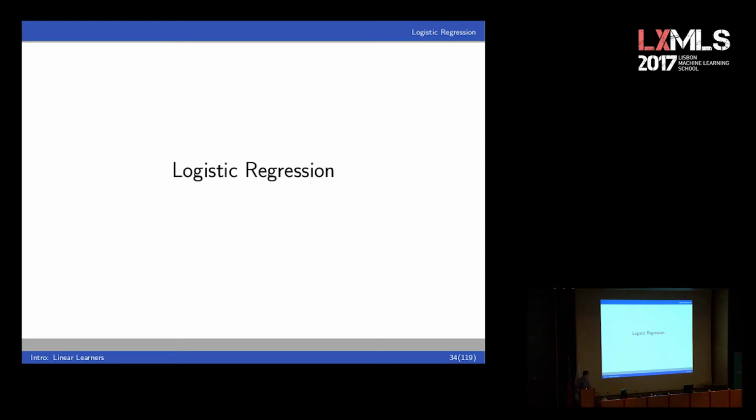Next on, logistic regression. So logistic regression is also known under many, many different names. In our community, it has been known as the maximum entropy model. I will give a short explanation why this would also be a proper name.